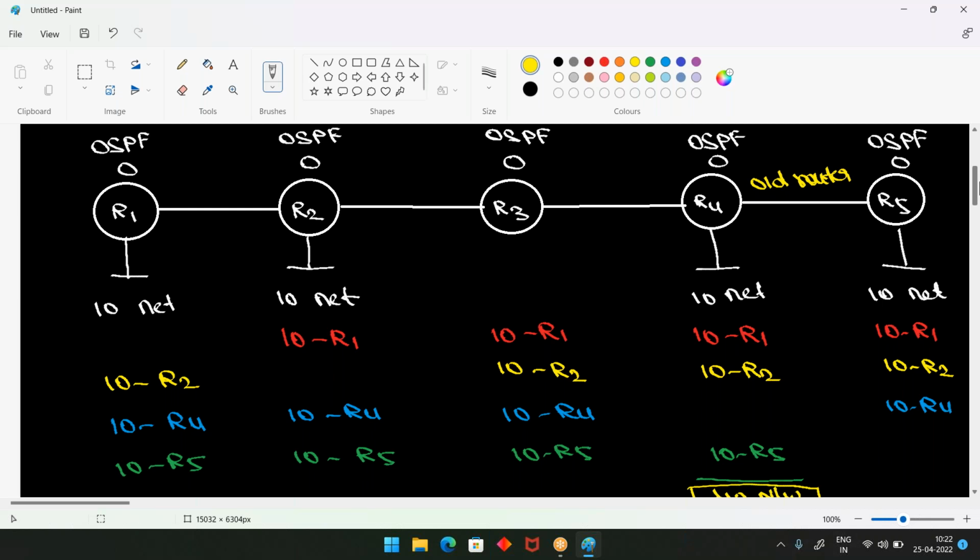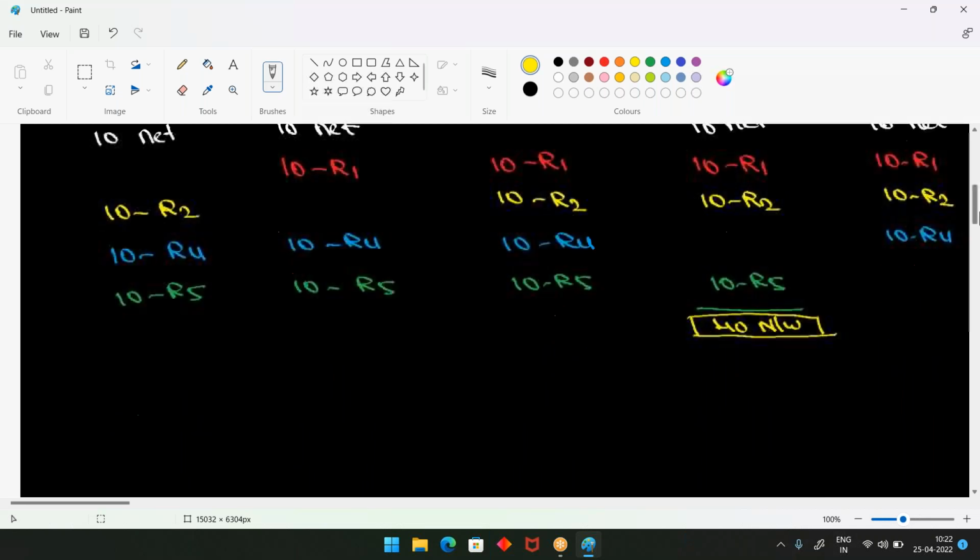But there is something, guys. Here we are wasting two things. If you purchase a new device, a new router, then we are wasting two things here.